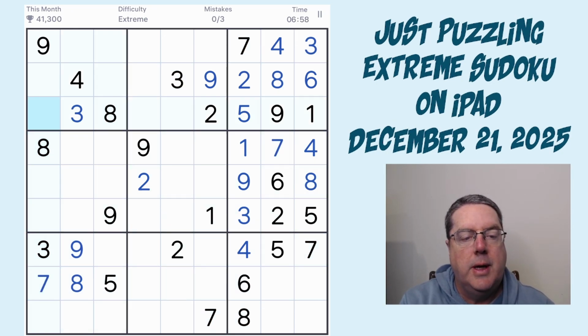That means that 7 comes up here, 7 comes across here, so that's a 7 there. 7 comes across here, down here, so 7's one of these two.